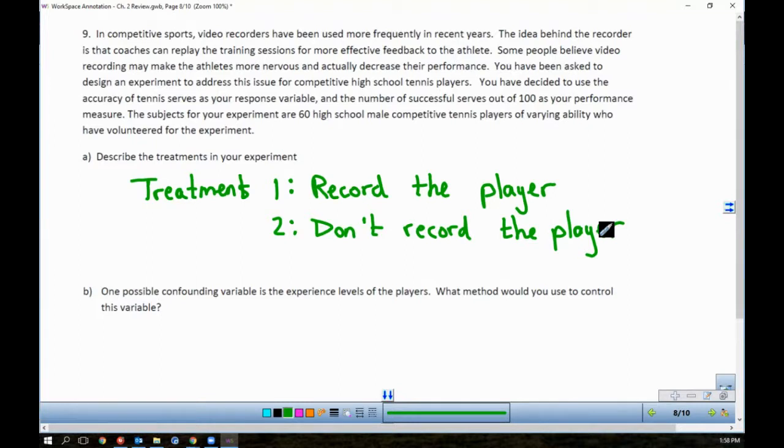Random selection. Okay. But that still could be confounding because random selection means that you could pick all experienced players. The chance is there that it could happen. So we don't want that to even have a chance of happening.